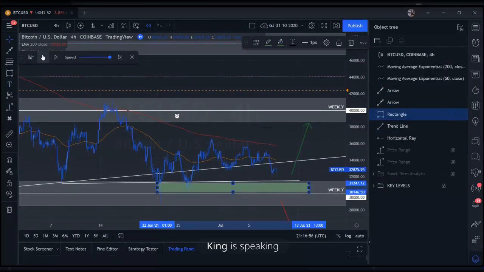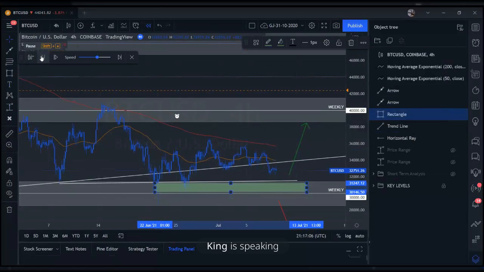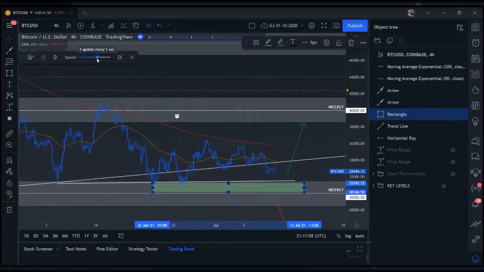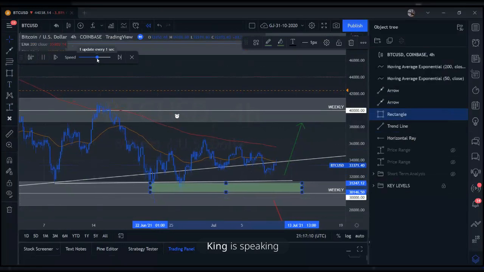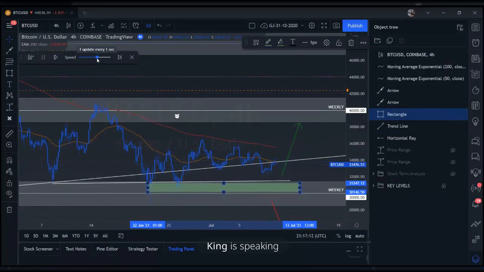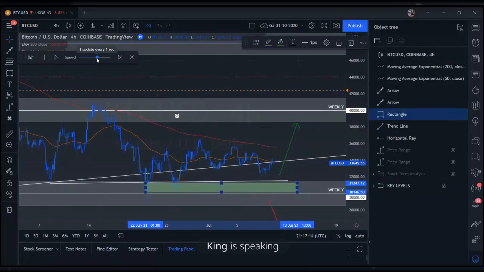So let's play it a little bit. I'm going to make sure it's not too fast. Update every 1 second. That should be fine, right? Okay, so that's most probably a day of price action just gone there.